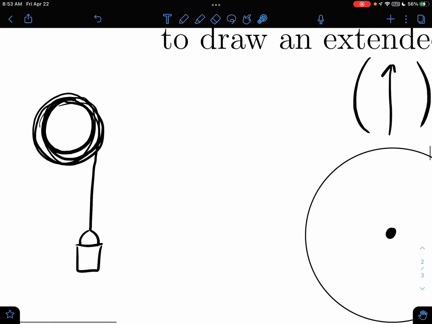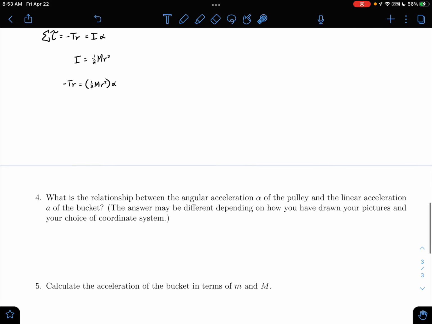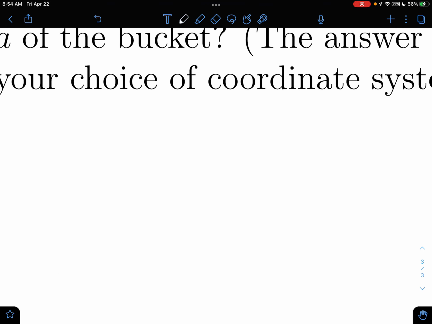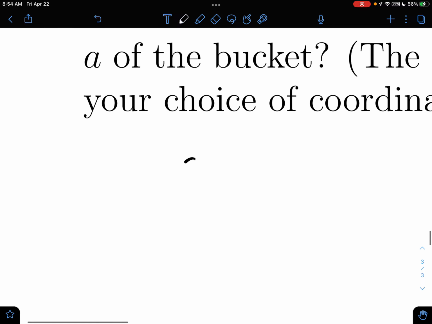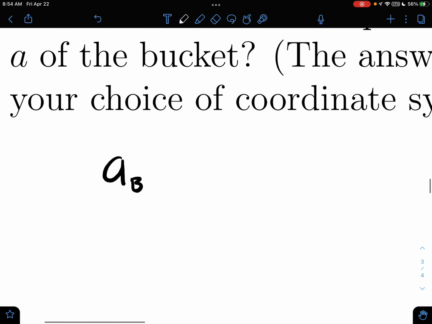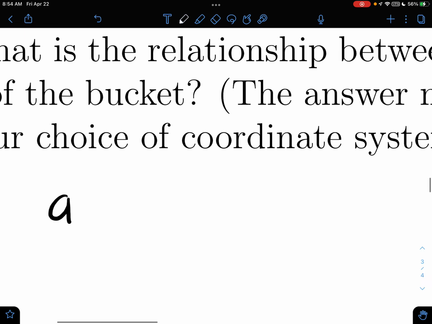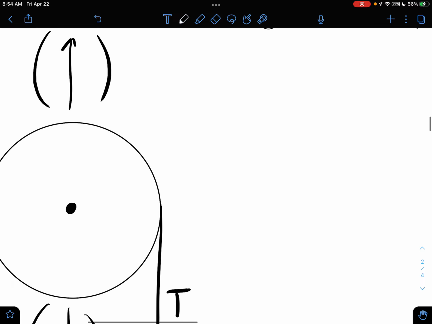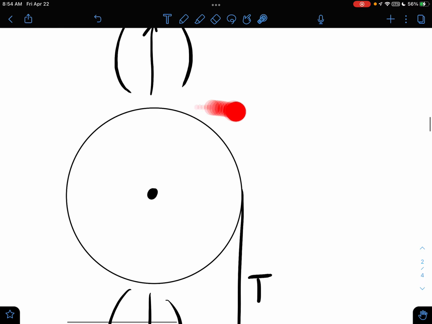So that's what we can use to relate this linear acceleration to our angular acceleration. So what we can say, right, the same way we do relationships with omega to get to linear velocity, we can say that our acceleration, well, really it's the linear acceleration of any point around the circle.